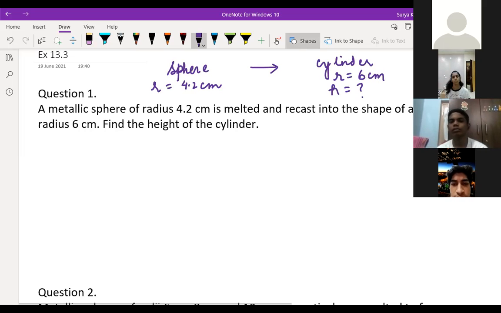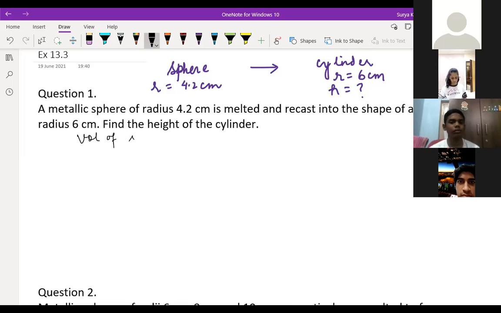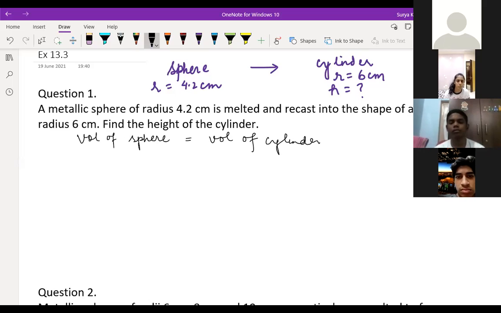Simply you should write that volume of sphere is equal to volume of cylinder. And here write R1 and R2 because the radii are not the same. Volume of cylinder is pi r square h.